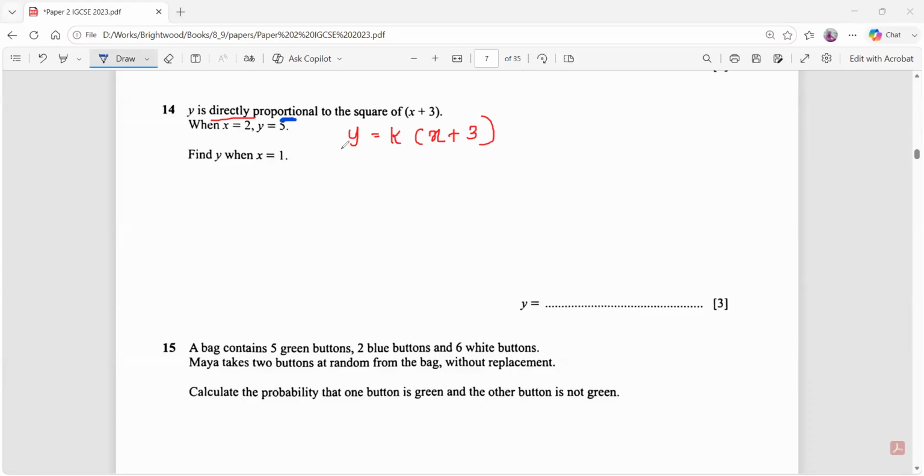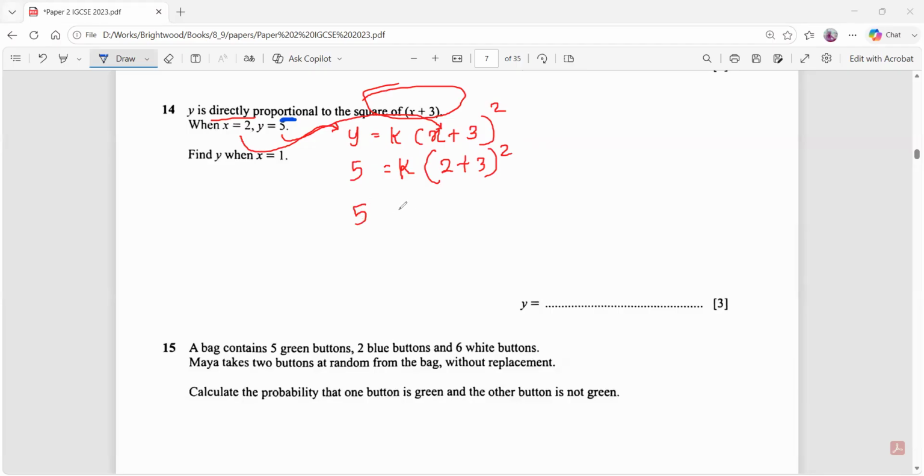Now substitute the values. What is y here? They have given 5. Equal to k times, x is equal to 2, plus 3, and the square of this one.